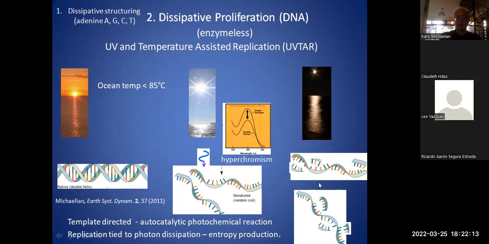So that's replication. Okay, the interesting thing about this is that it's template directed. So this single strand acts as a template for locating and fixing its complementary bases to form the double strand. And therefore, because it's template directed, it's autocatalytic. So one strand forming a second strand means that it's autocatalytic.